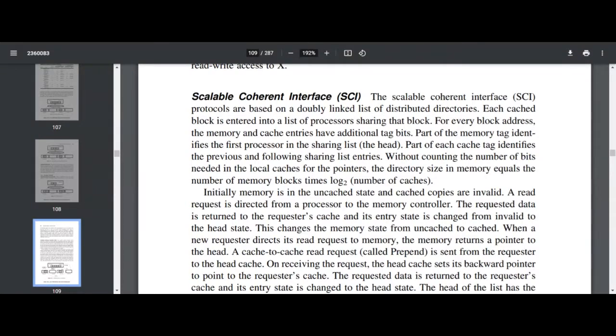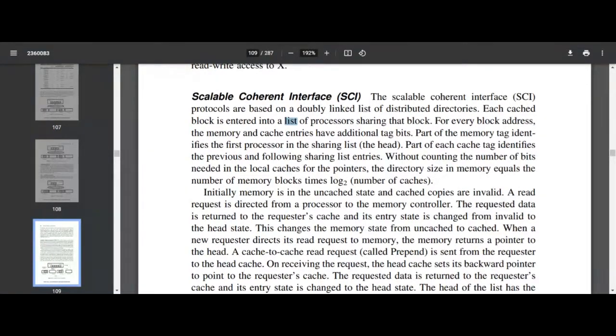So SCI is a protocol based on a doubly linked list or distributed directories. Each cache block is entered into the list of processors sharing that block. So every time we maintain a list, and that list keeps the record of the number of processors accessing a single memory.